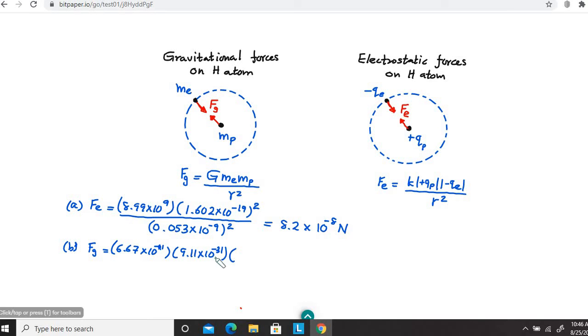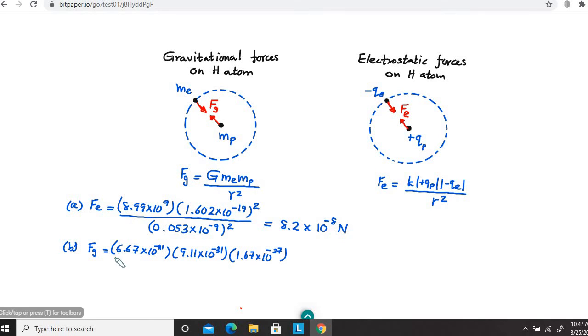But I'm dropping that. I'm finally going to put the SI units of force, because this entire expression simplifies to newtons, or the units of forces. So then here the mass of the proton, 1.67 times 10 to the power minus 27.